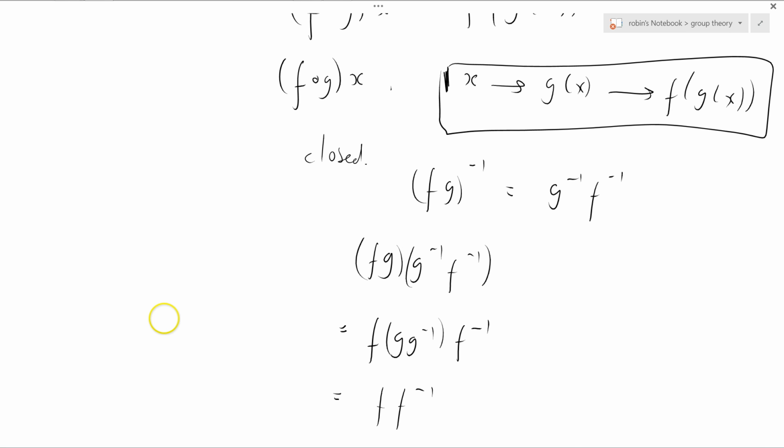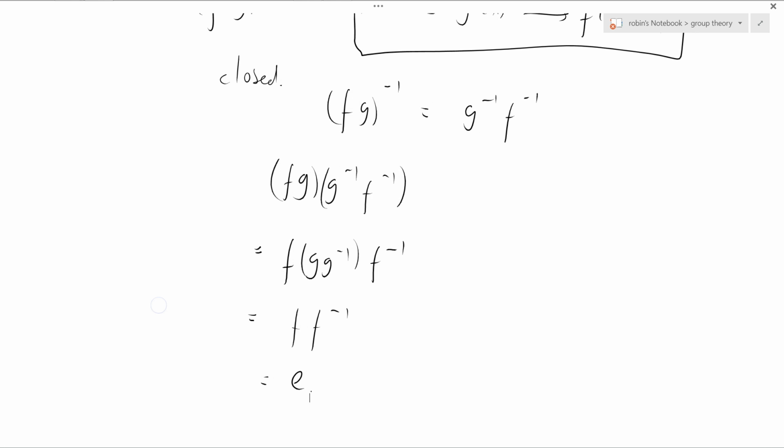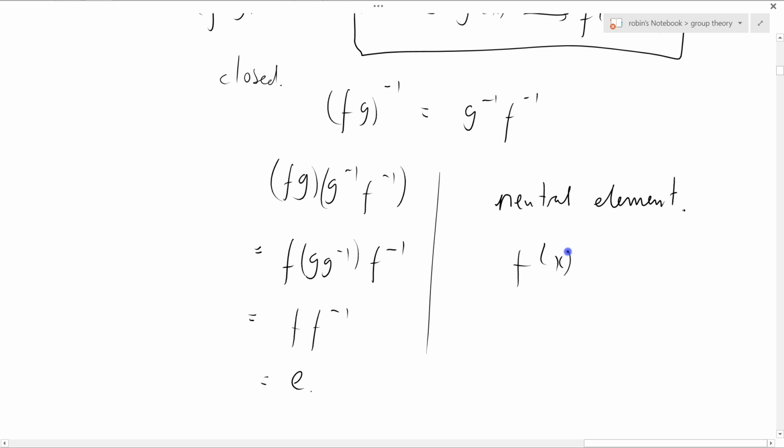Actually, I'm getting somewhat ahead of myself here because I really ought to have started with the neutral element. But that's obvious, that's just f of x equals x for all x. So this identity here, if we define a function f with f of x equals x, then f is the identity. And of course you usually write it e, because e of x equals x.